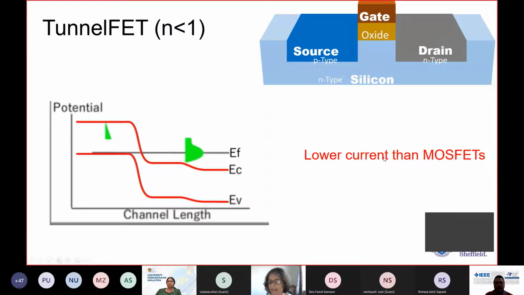The main problem with the TunnelFET is that it has a lower current than a MOSFET, and it is not scalable, and it is affected severely by defects. So it's very, very challenging to use this to get that enhanced performance in terms of switching speed and the drive current.